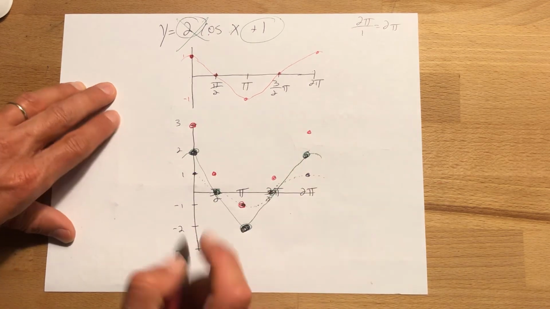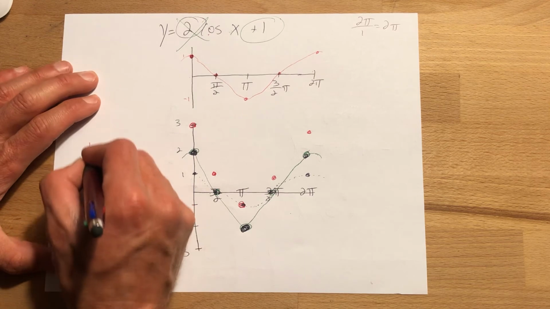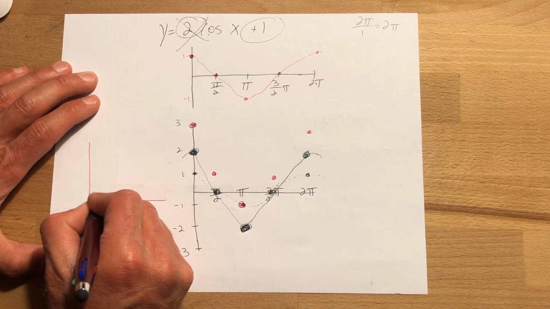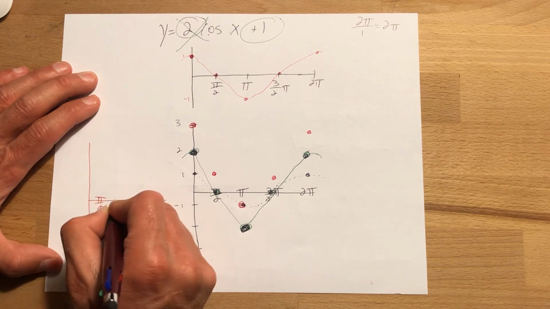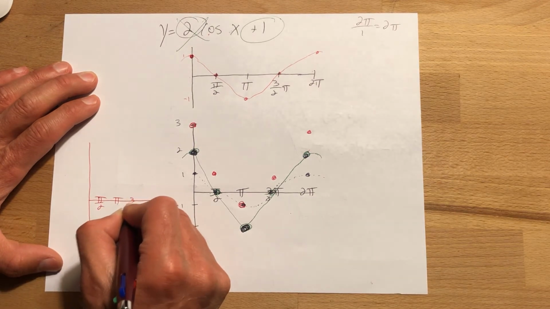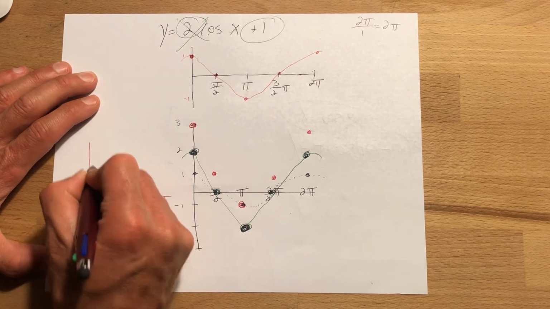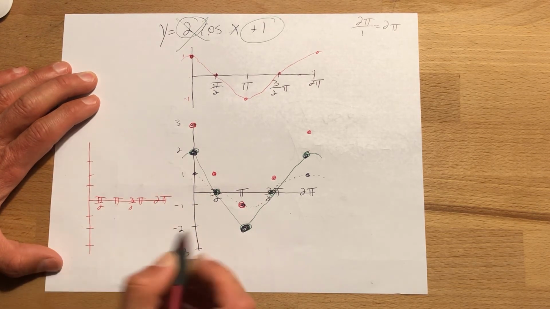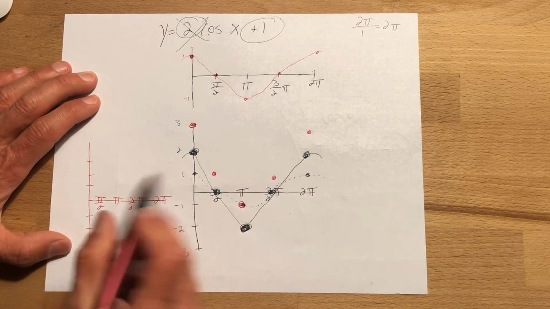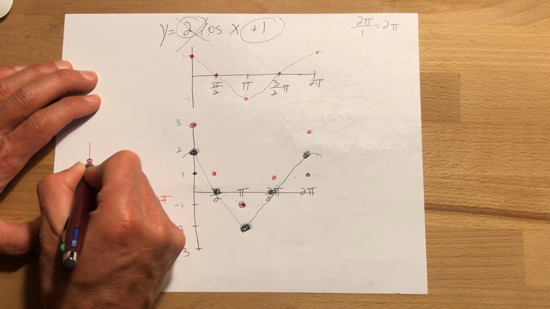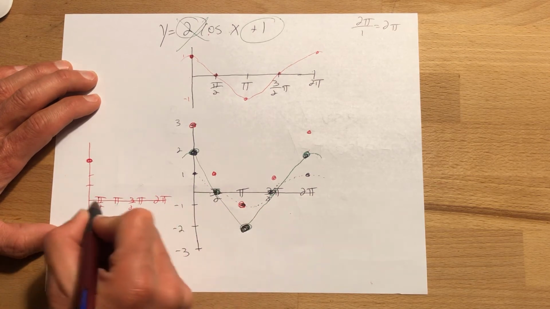And now I'm going to draw my new graph, which is pi over 2, pi, 3/2 pi, and 2 pi. This is 1, 2, 3, 1, 2, 3. All right, now I'm just going to plot my new one. At 0, I'm at 3. And at pi over 2, I'm at 1.